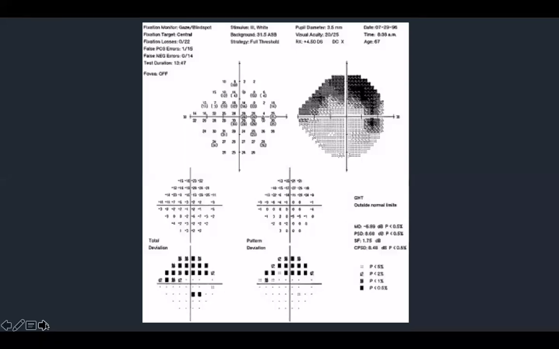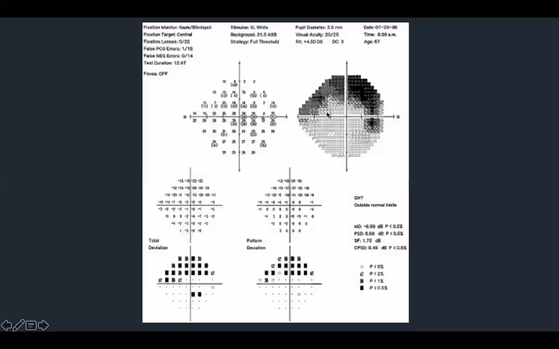And what does GHT mean? You can see here, it's written GHT. I'm not sure, Doctor. Okay, it's the glaucoma hemifield test.